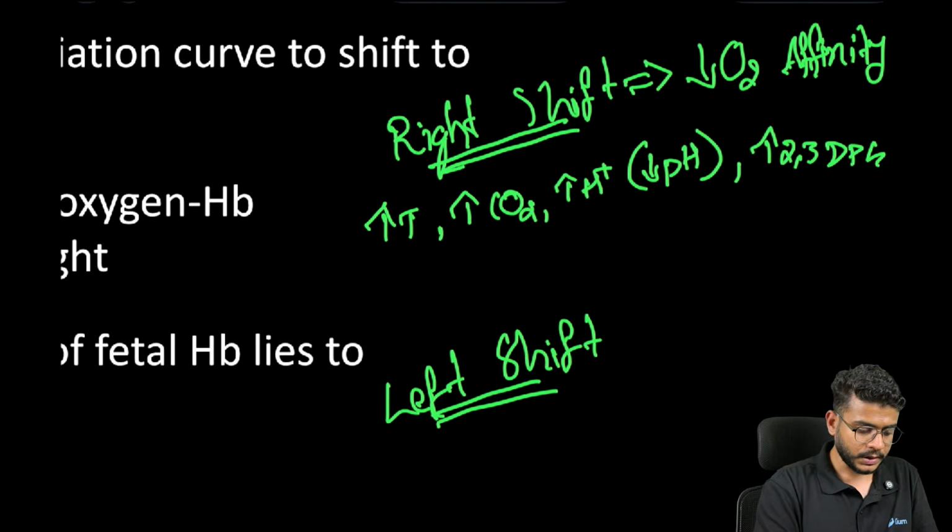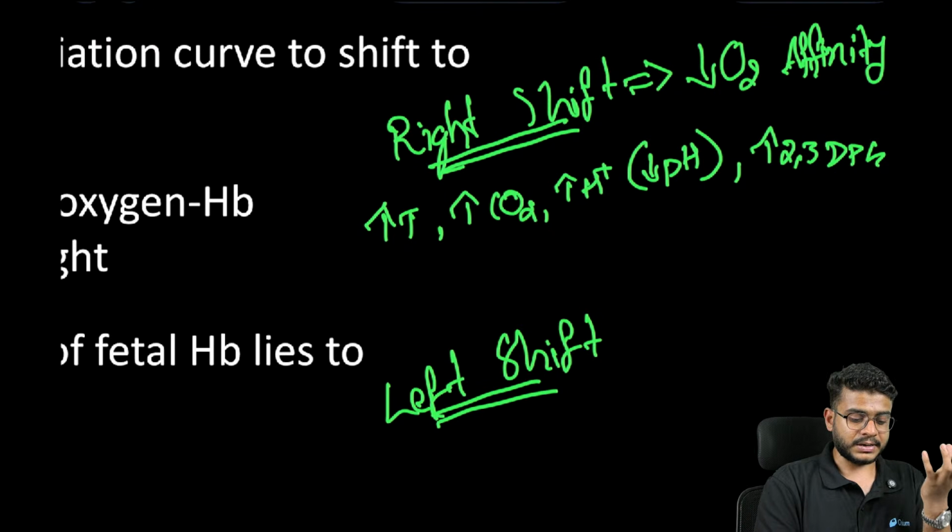So these factors, increase in temperature, increase in carbon dioxide, increase in hydrogen ions, and increase in 2,3-diphosphoglycerate, cause the right shift of the hemoglobin oxygen dissociation curve.